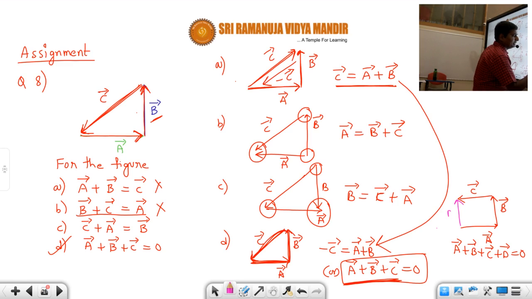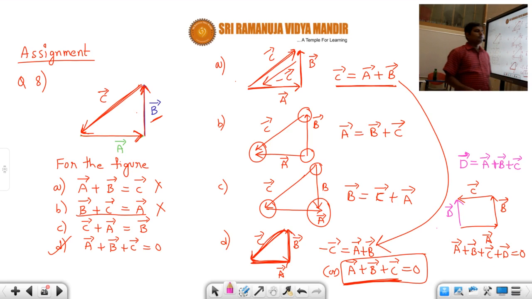This is called D bar, where D bar is equal to A bar plus B bar plus C bar, students. But here when you are closing the rectangle in the same order, the triangle order, then it will become A bar plus B bar plus C bar plus D bar is equal to 0, because when you are closing like this, we should draw the vector as minus D bar, students.